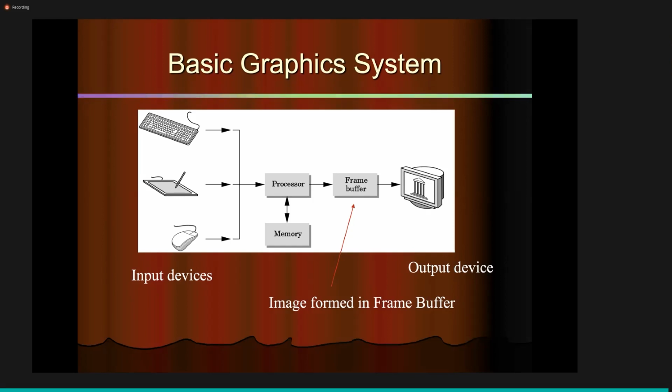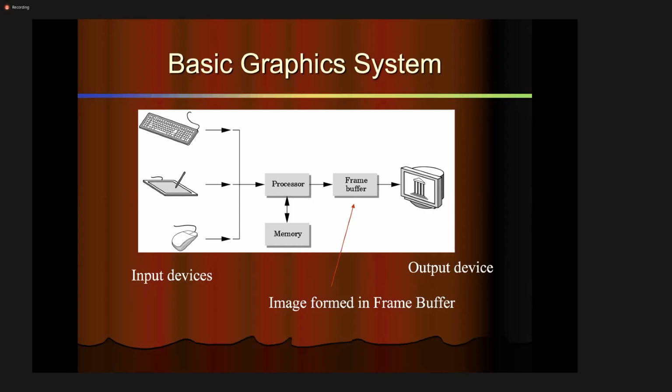The frame buffer will hold that data, and the processor takes the inputs and transfers them into the frame buffer. Let me talk about this frame buffer. What is it? A frame buffer is a kind of temporary storage, which keeps what is available on the display.